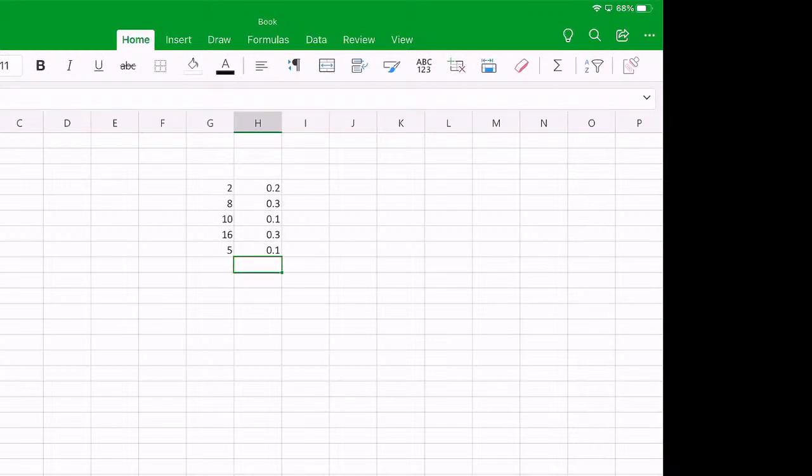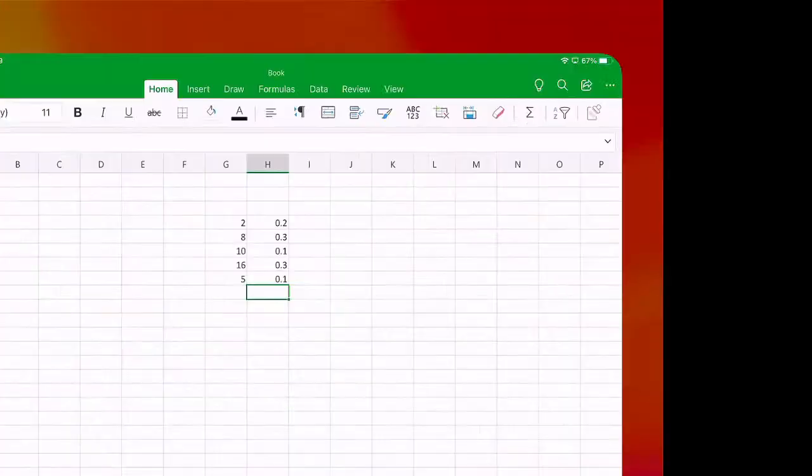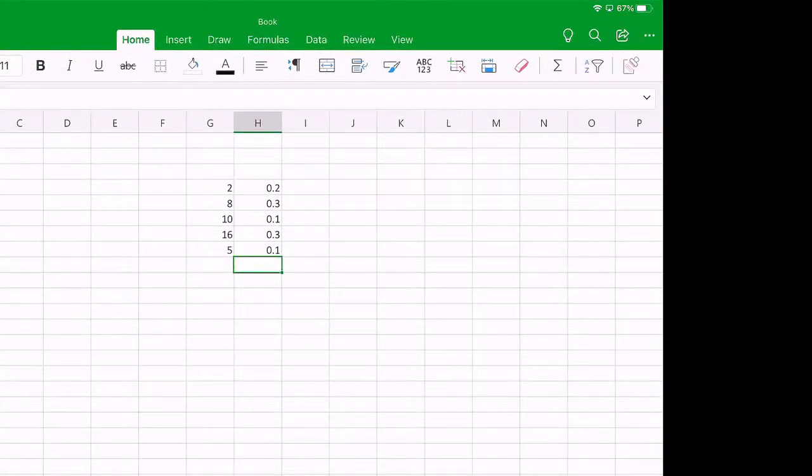Is that right? Yeah. All right. So that's the data. These are the observations, which I denote as X.